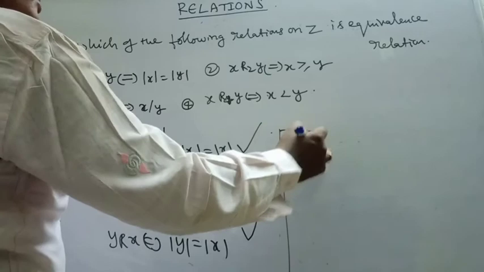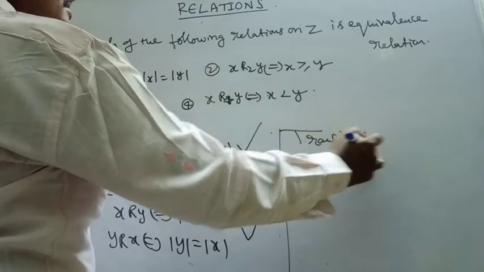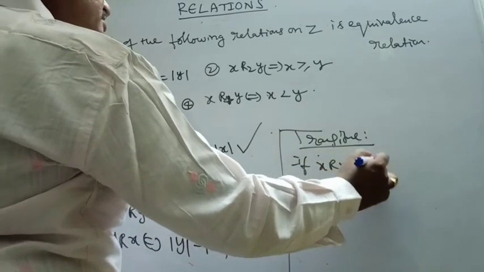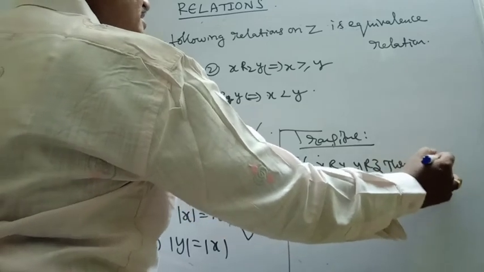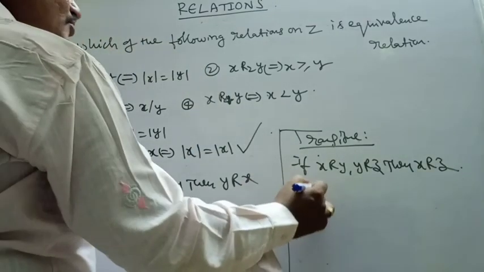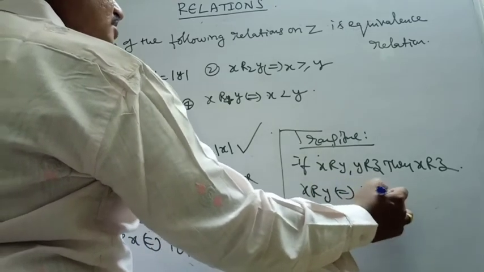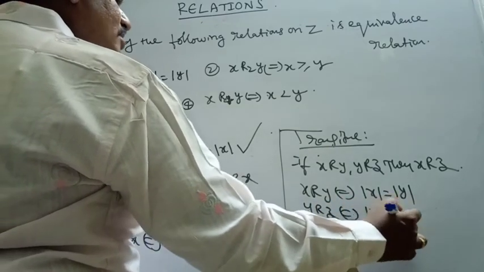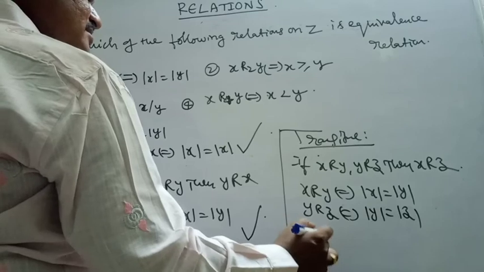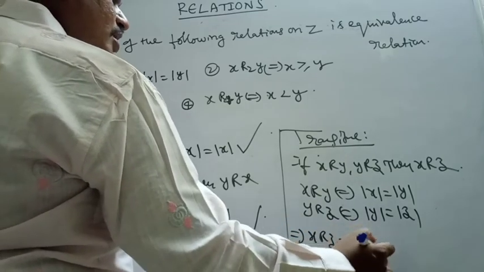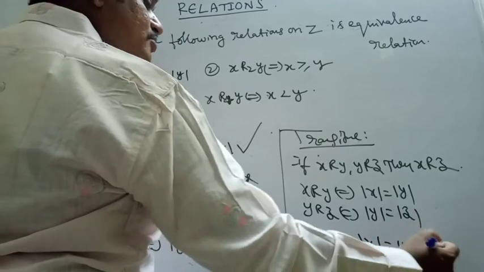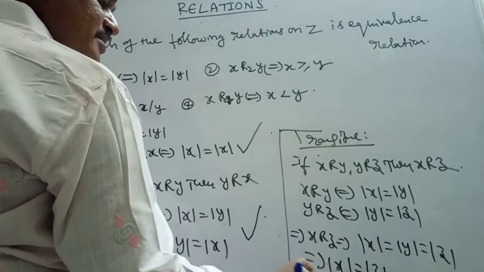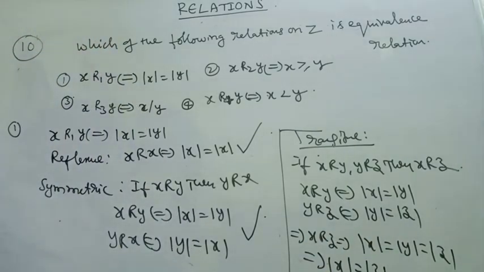Next, transitive. Transitive means if X related to Y and Y related to Z, then X related to Z. Here X related to Y means mod X is equal to mod Y, and Y related to Z means mod Y equals mod Z. Now we have to prove X related to Z. That means mod X is equal to mod Y, and from the given, mod Y equals mod Z. That means mod X is equal to mod Z is true.